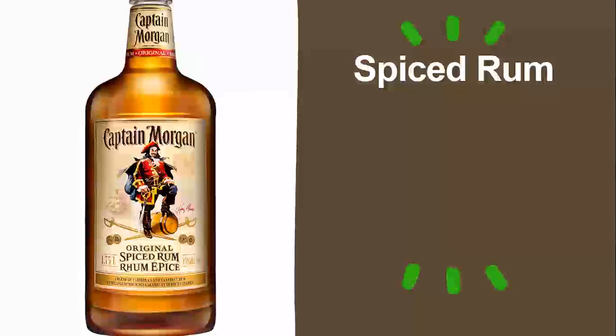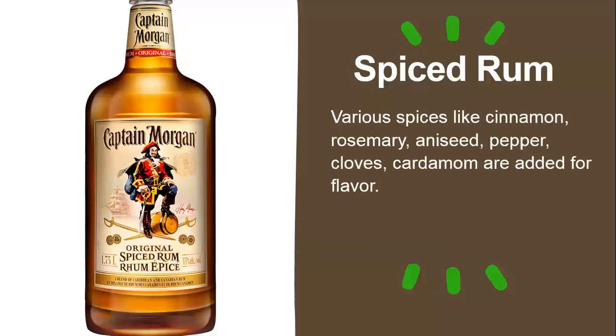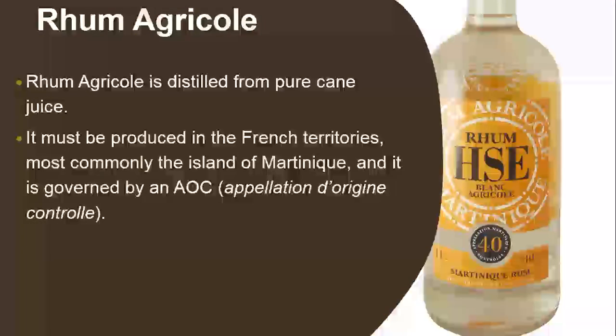Next one we have is spiced rum. Various spices like cinnamon, rosemary, aniseed, pepper, cloves, and cardamom are added for the flavor. A very popular brand of spiced rum is Captain Morgan. The next category of rum is rum agricole. Rum agricole is distilled from pure cane juice instead of molasses.